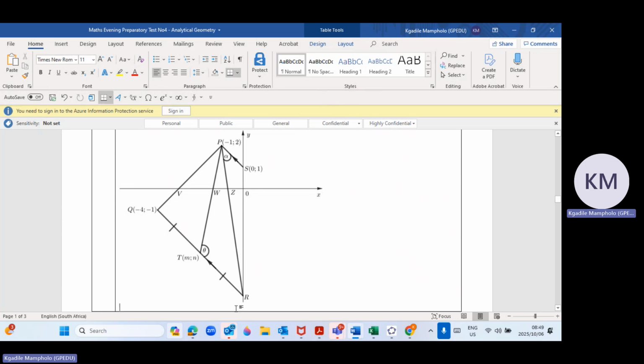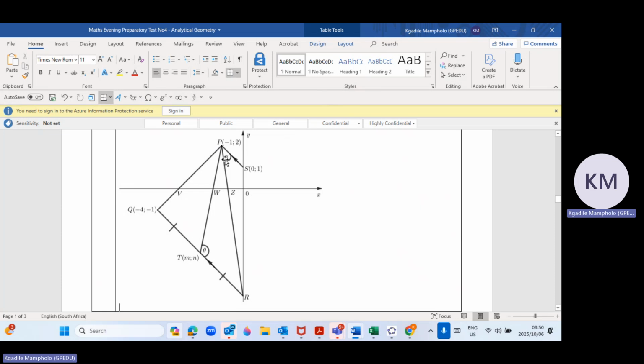But we know the coordinates of the vertices of triangle PTR. We already calculated the coordinates of T and of R. We can use the cosine rule because the distances can be calculated.